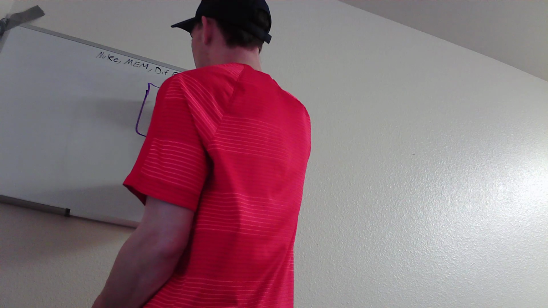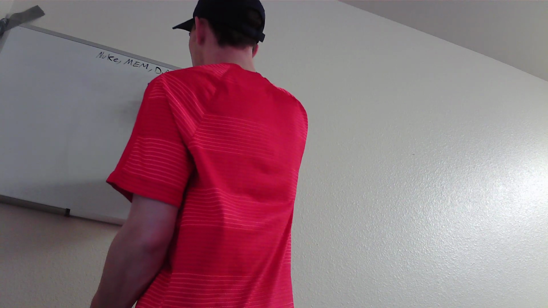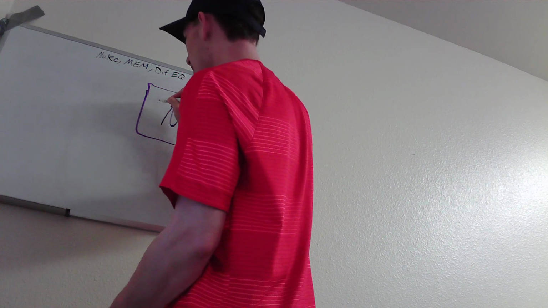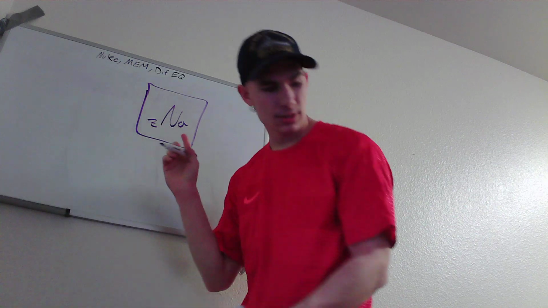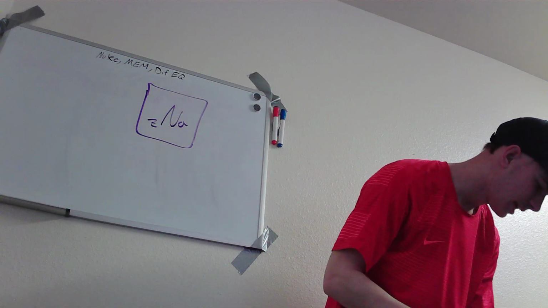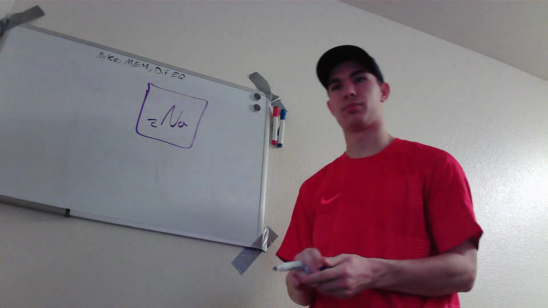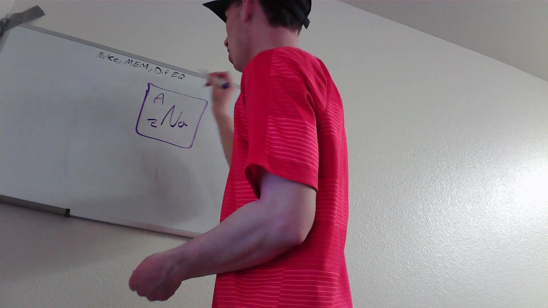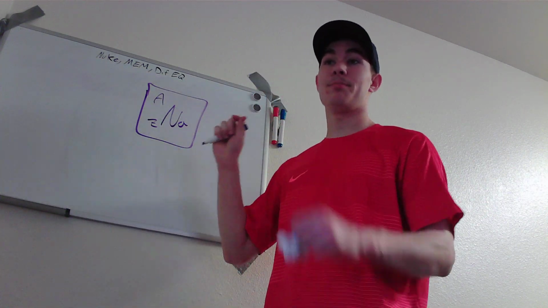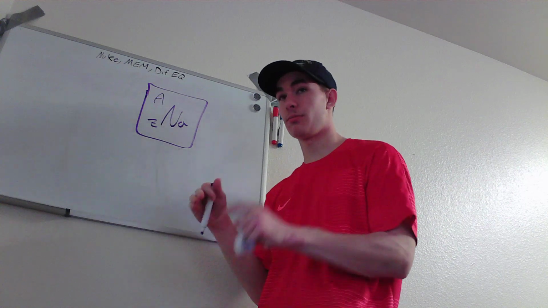We've got the Z number and the A number. Z is very simply the number of protons in the atom. So sodium has 11 protons, and the sodium Z number is 11.